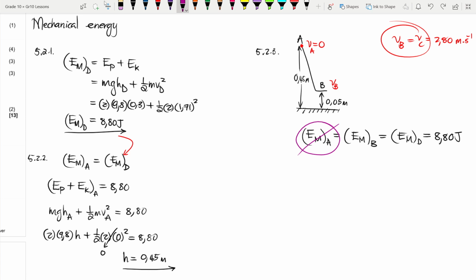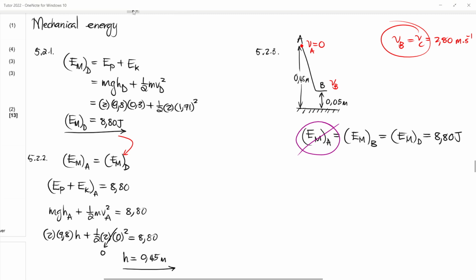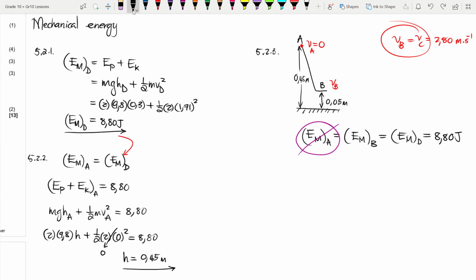It doesn't matter how you tackle it, but what matters is that the EM is the same. And if I have the value for EM, I don't really have to go back and forth to do the mgh plus half mv squared for 2 points when I already have the EM.